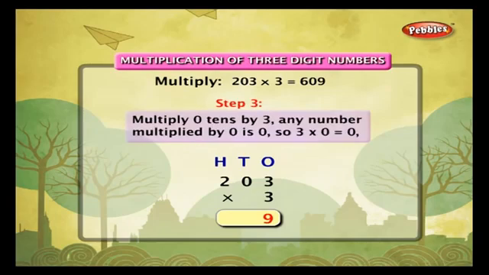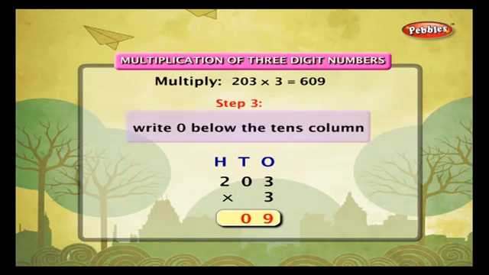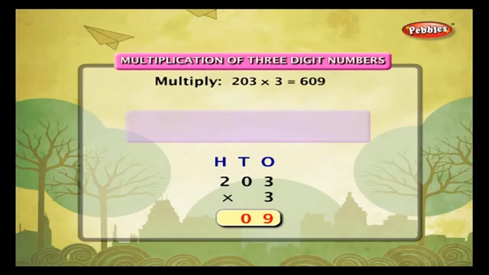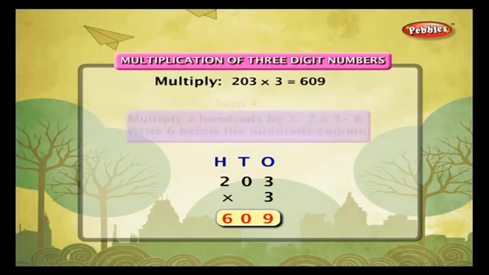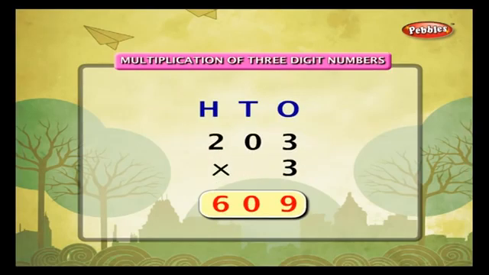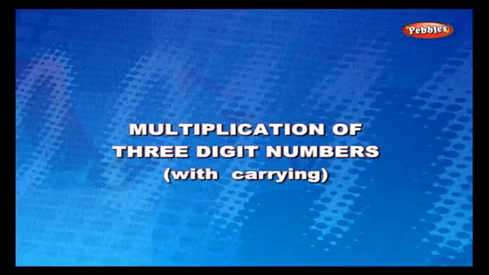Any number multiplied by 0 is 0. So, 3 into 0 is equal to 0. Write 0 below the tens column. Multiply 2 hundreds by 3. 2 into 3 is equal to 6. Write 6 below the hundreds column. Thus, 203 into 3 is equal to 609.